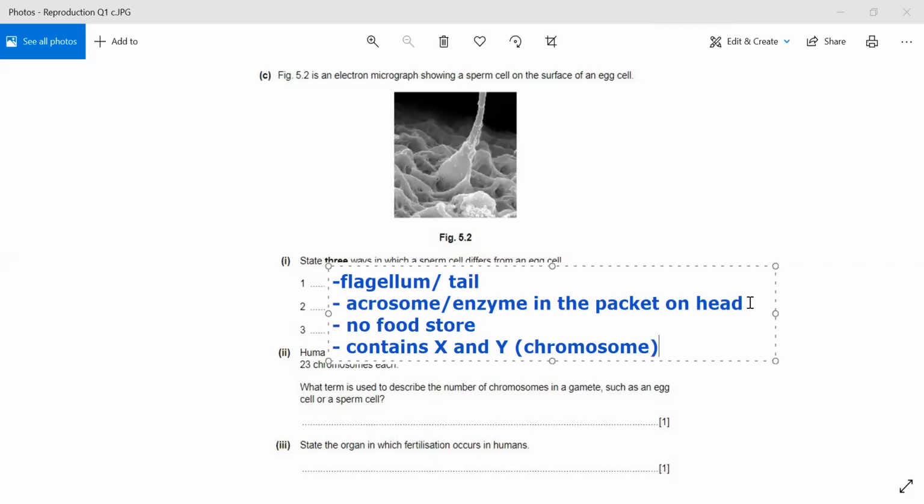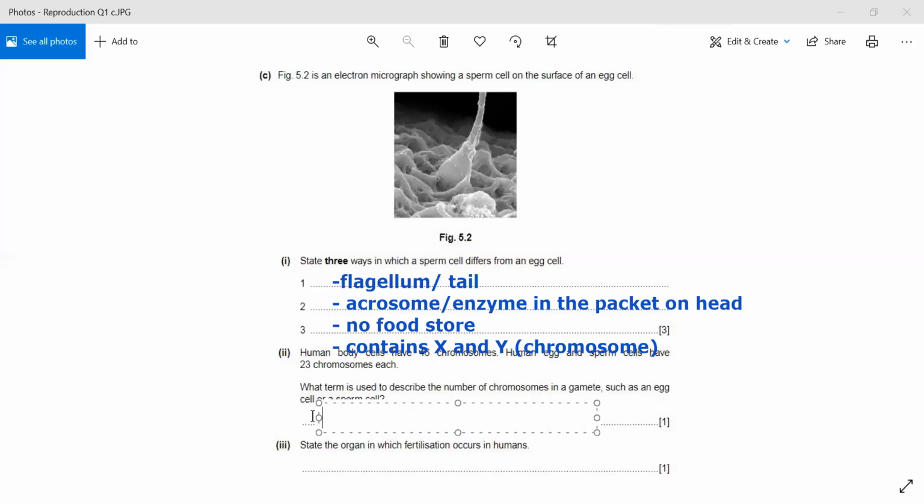Then, next is what? Human body cells have 46 chromosomes, correct? Which term is used? Yes, correct. You are right. Haploid is the term which is used for one set of chromosomes, half set. In humans, yes, it is 23.